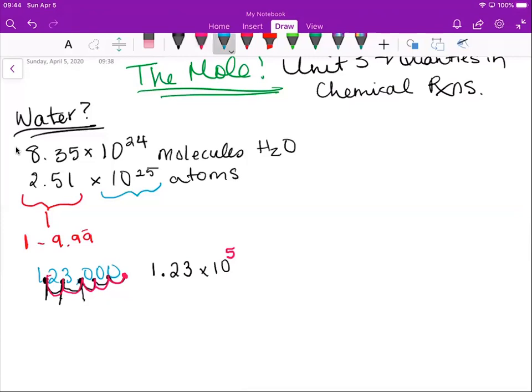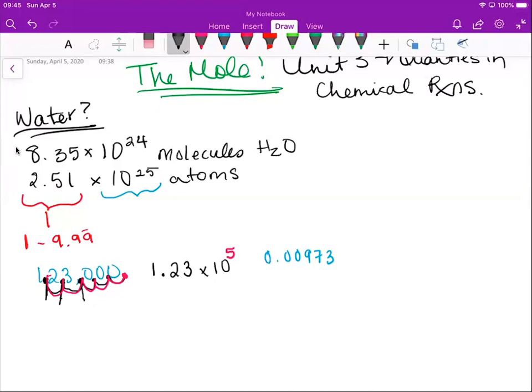Okay, let's try a different example. Let's try something really, really small. 0.00973. The first step I have to do is make it a number between 1 and 9.99.